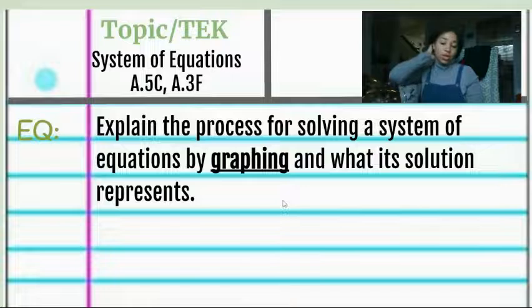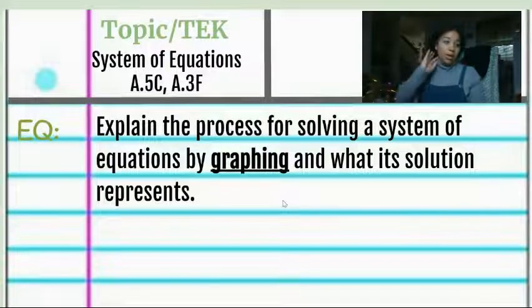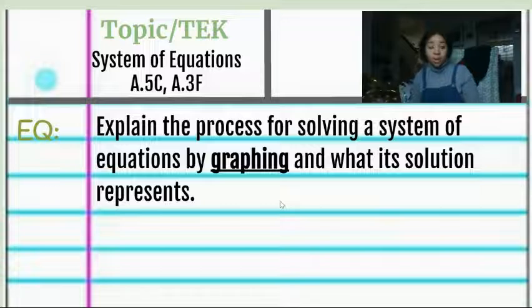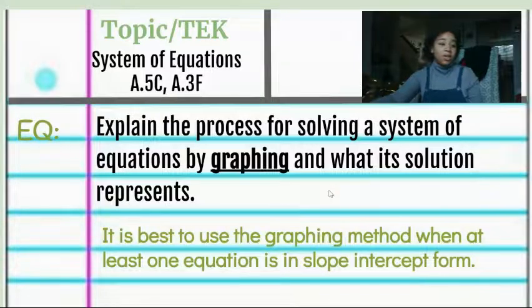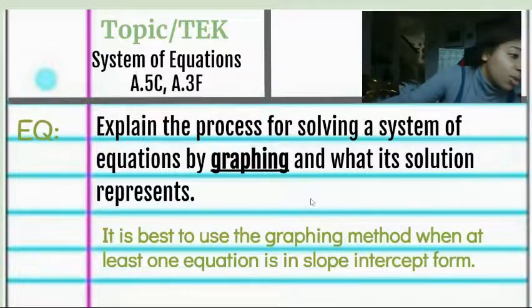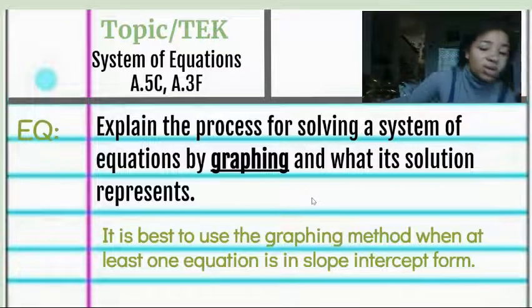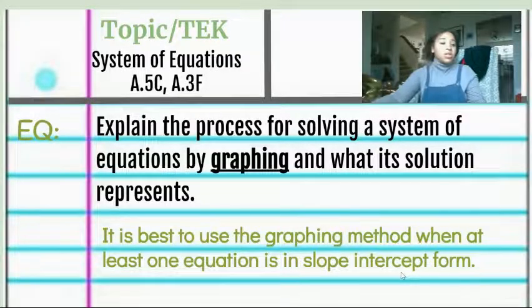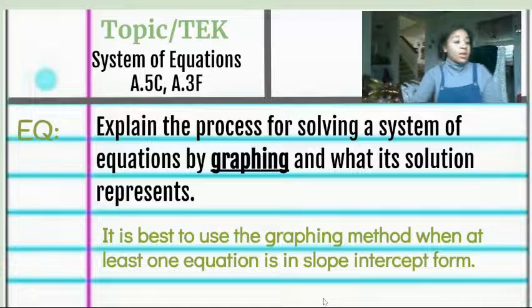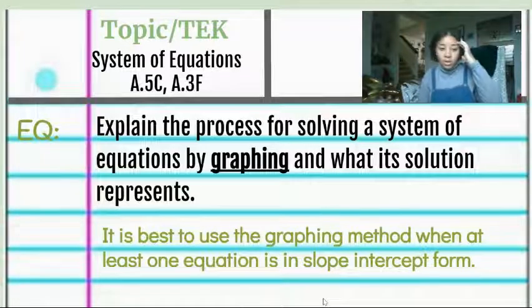So the essential question today. Explain the process of solving systems. Oh, no, we're answering the essential question from last time. Explain the process for solving a system of equations by graphing and what its solution represents. It's best to use the graphing method when at least one equation is in slope-intercept form.